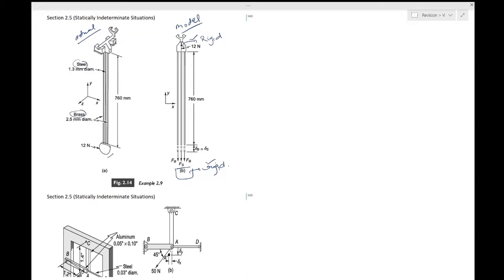Now you can also see there is a symmetry of the rod arrangements and the loading, and each brass rod will carry the same load because the brass rods are at this end and this end, and there is symmetry in the geometry and the loading. So this is something which you had perhaps seen in your mechanics lectures last year.